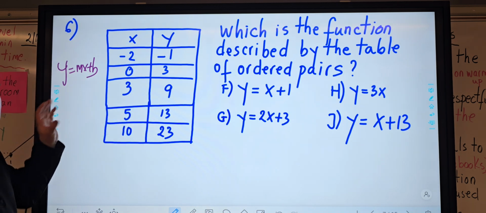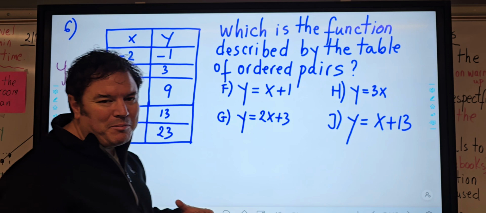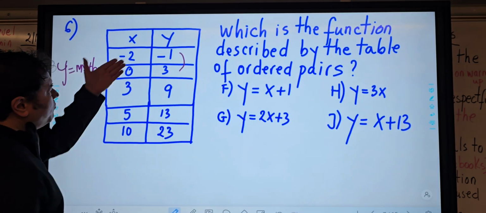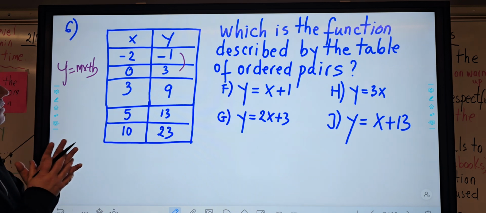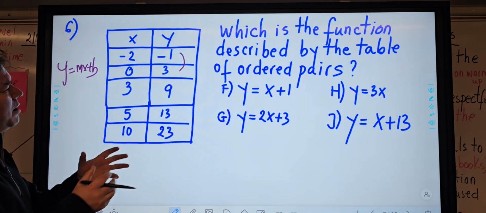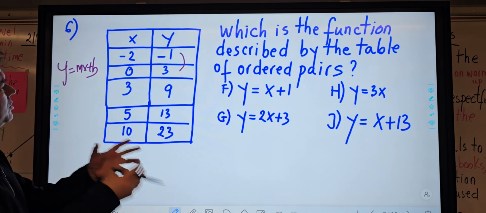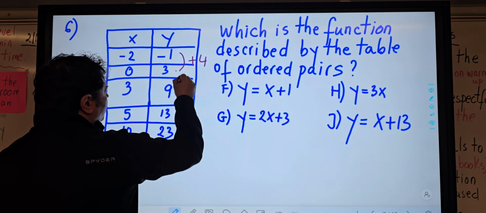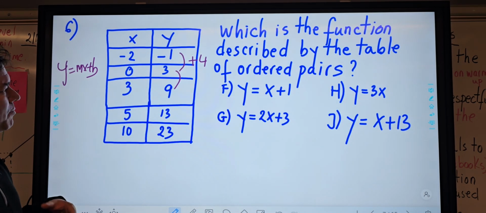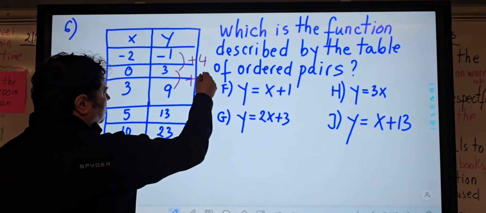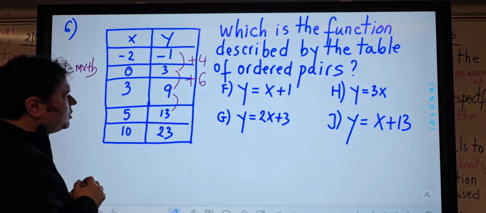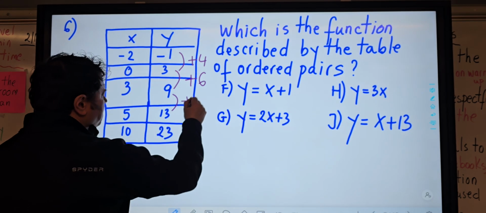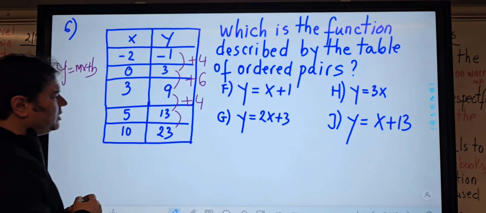So let's see, first of all, we are looking at patterns. Remember, a while back we learned about patterns. Let's see if we see any patterns here for the y. From negative 1 to 3, we see a pattern of plus 4, right? From 3 to 9, we see a pattern plus 6, right? Then 9 to 13, plus 4, and then 13 to 23.